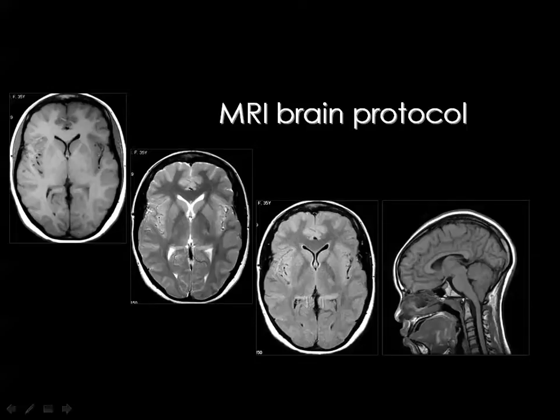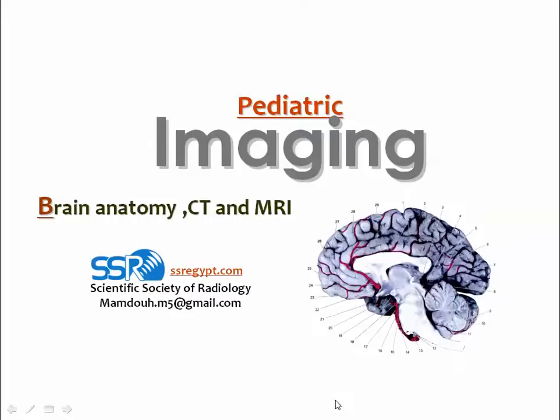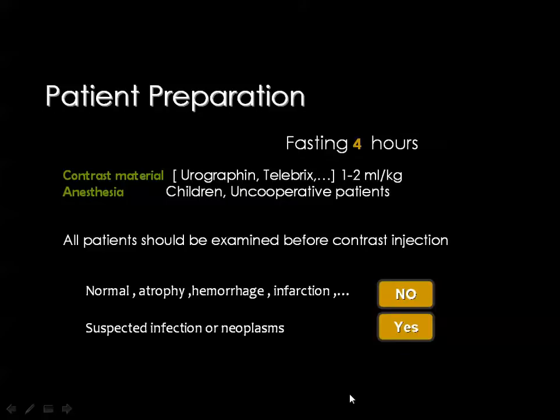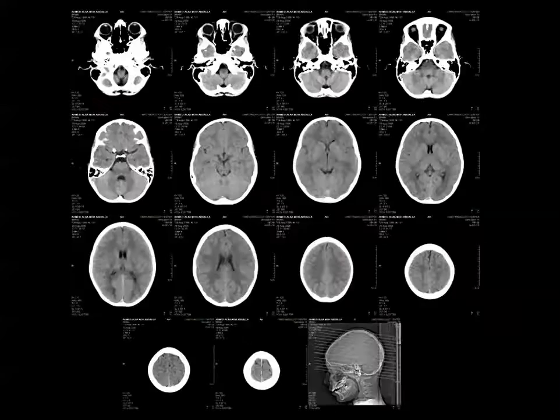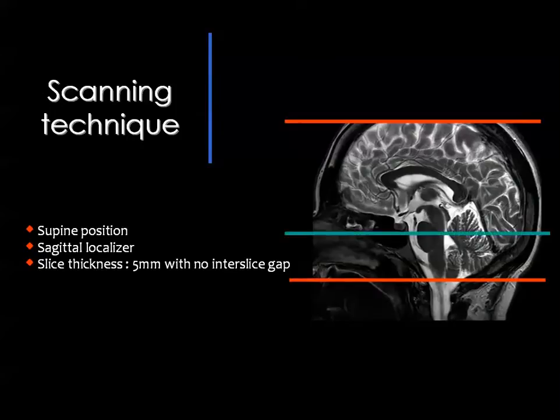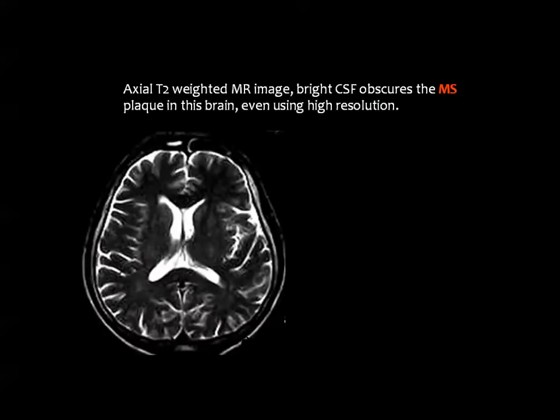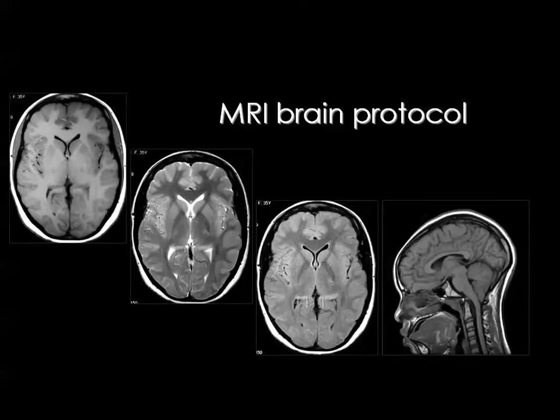I will explain this in detail after that. I have mentioned that the regular protocol of the brain includes the axial T1, axial T2, and the axial FLAIR images.